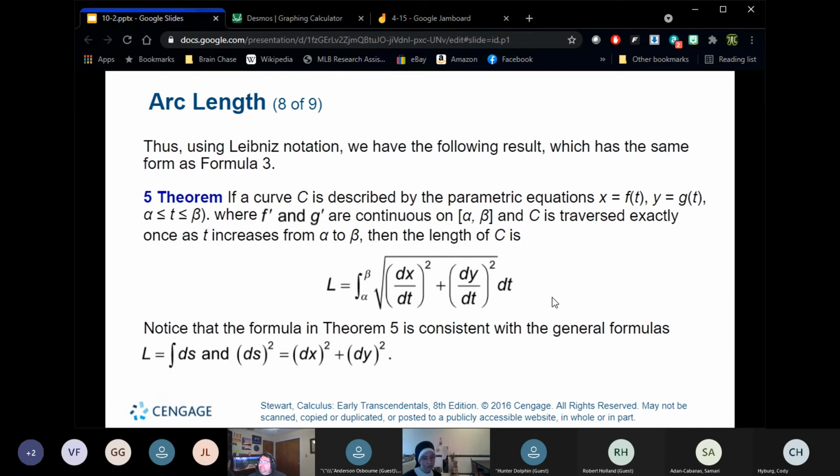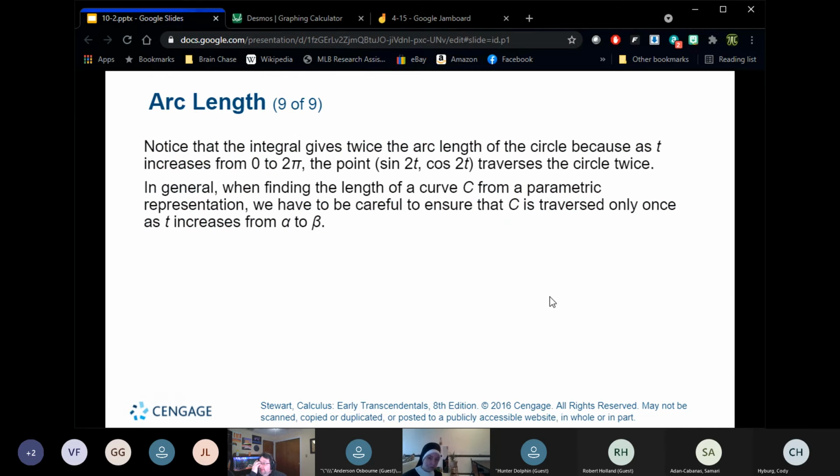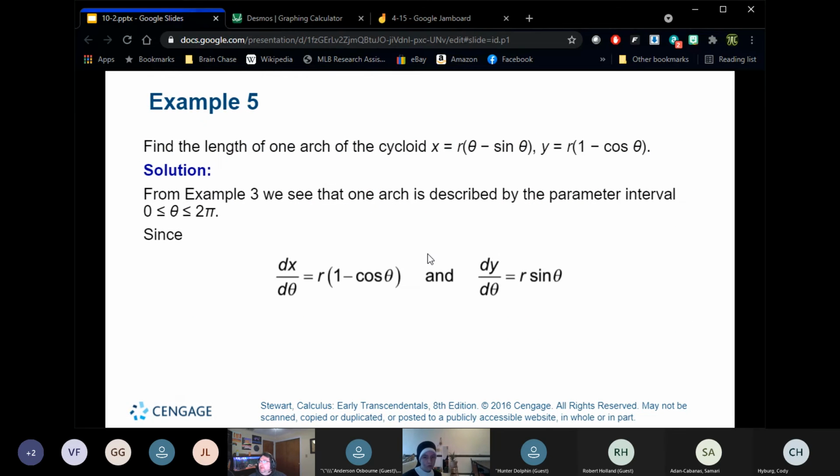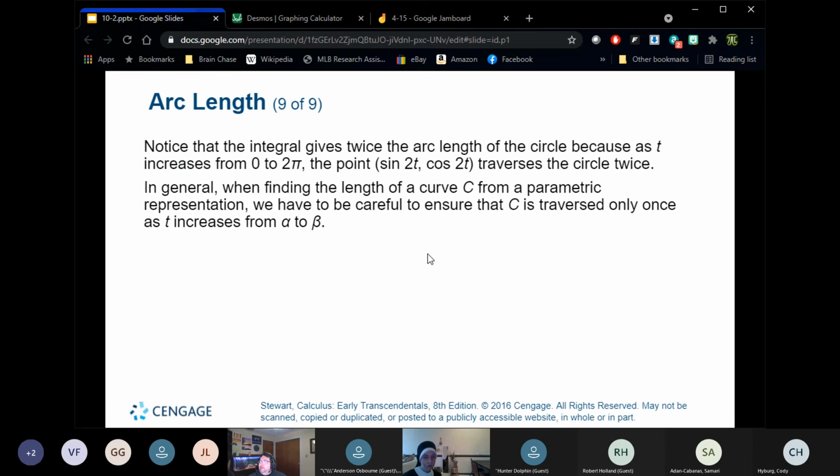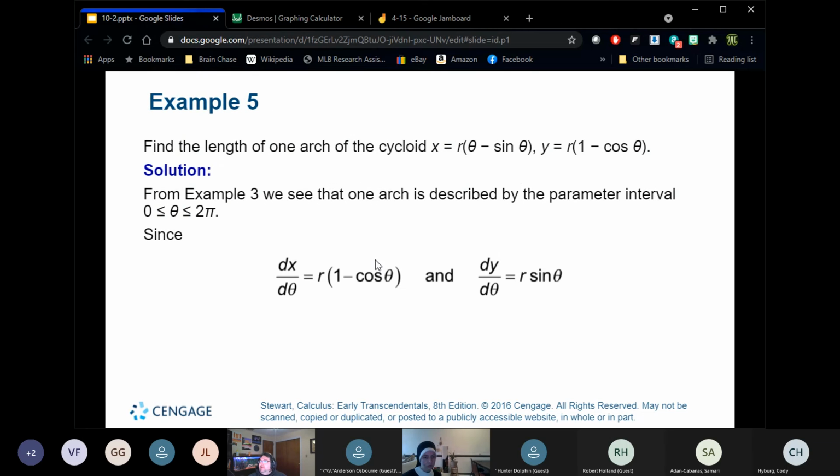Let's use it. We're going to do it in terms of a cycloid. So we have my same cycloid function, and now we're going to figure out the arc length. We're going to figure out how long one of those curves actually is.